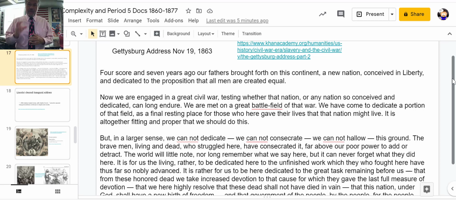Again, I know Lincoln is not a Thaddeus Stevens. He's not a Charles Sumner. He's not a Wendell Phillips. He's not an abolitionist. But he's being very idealistic for sure. And with the brevity of the Gettysburg Address, it sounds like he means it. He sounds like he really wants everybody, one nation, everybody.